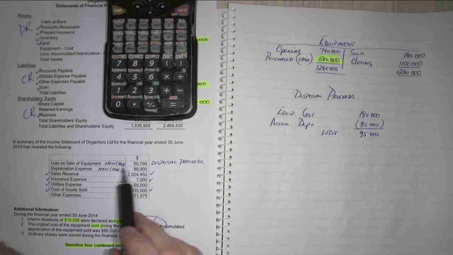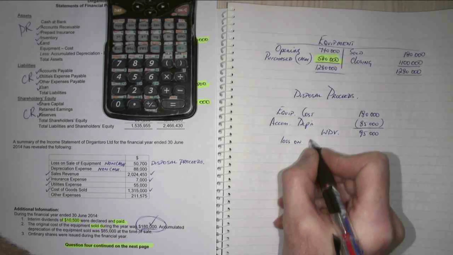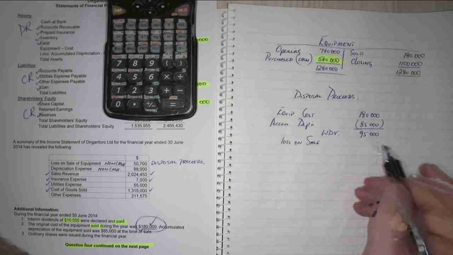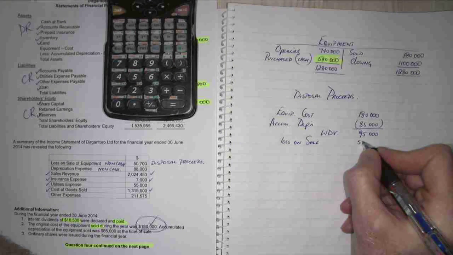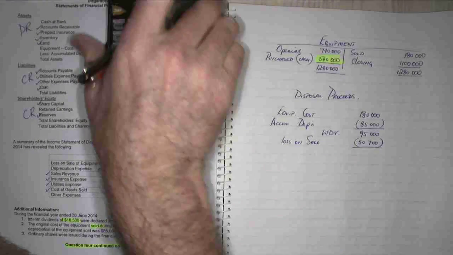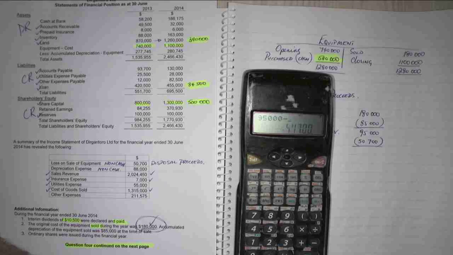Now there's this loss on the sale of equipment. So if I'm selling equipment that's valued at 95,000, I'm making a loss of 50,700. That must mean I sold that equipment, 95 minus 50,700.